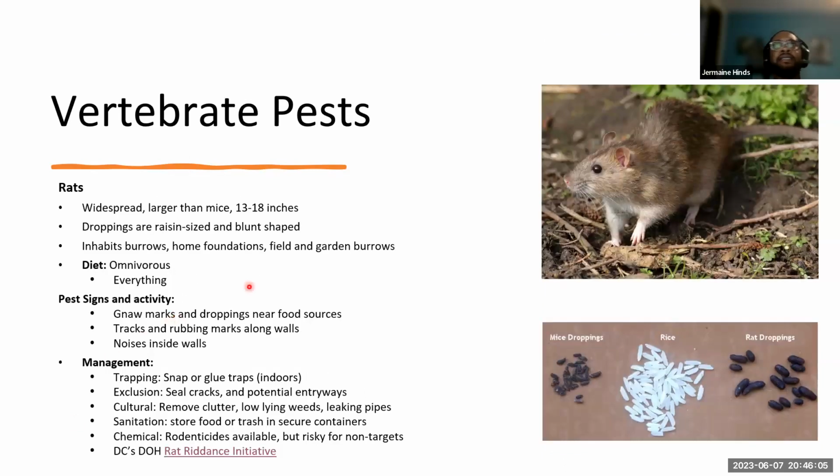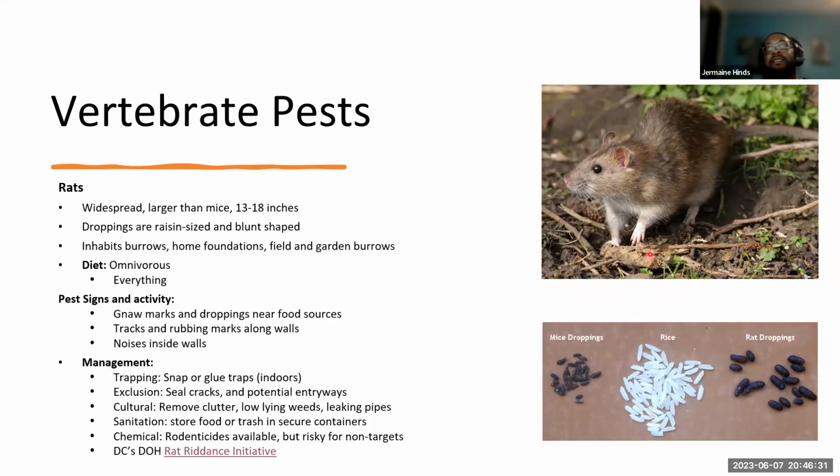Then you have your rats, the larger cousin of mice. Rats tend to be much more widespread and larger than mice. They tend to be 13 to 18 inches. They have these raisin-sized, blunt-shaped droppings. Remember when I talked about IDing your pests, you want to know you have the right pests. One way to do that is by the droppings, right?